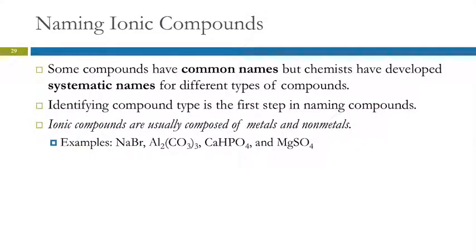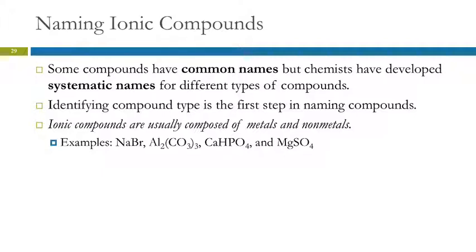When we name ionic compounds, all compounds have systematic names. A bunch of people got together and hammered out a system for naming things, and the goal is to be consistent no matter what language you speak, no matter what country you live in, that they all have the same formula, the same name, and that each has one that's agreed upon as the best name.